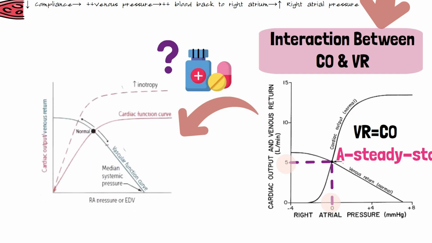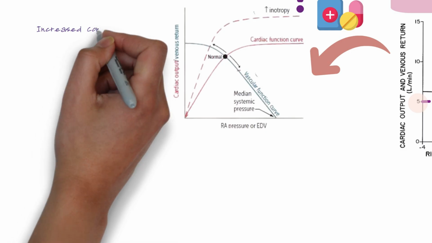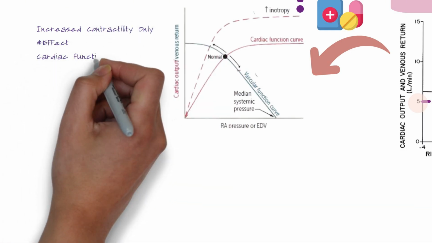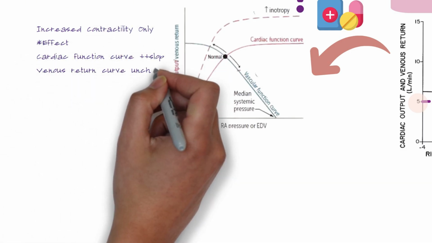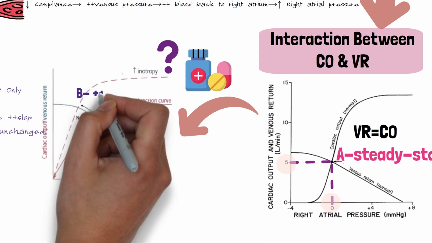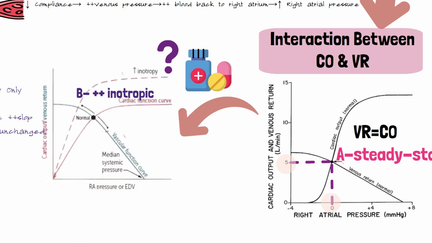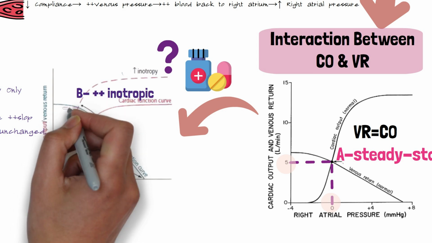The answer is only the cardiac output, because we didn't do anything to the peripheral vessels. The drug acts on the heart, the heart can pump more blood, and the slope of the cardiac output will increase while the venous return curve remains unchanged. So the equilibrium moves from A to B and the cardiac output increases, but slightly.